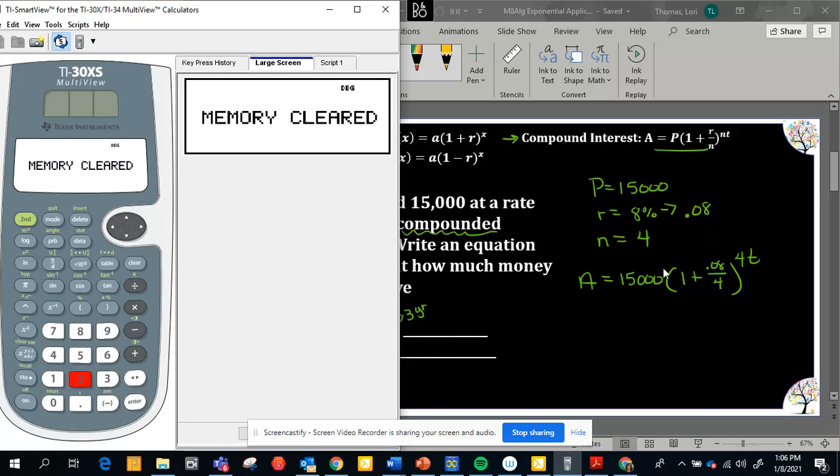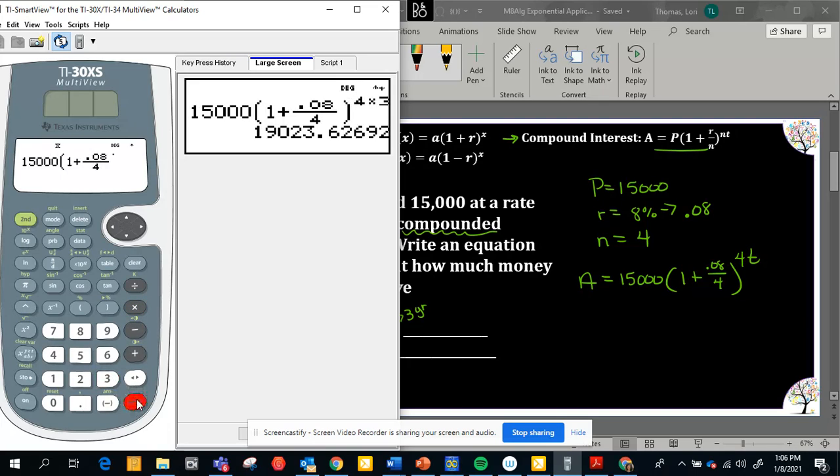Now let's start, and we're going to plug in 15,000 times, I'm going to use parentheses, and then 1 plus, and now I'm going to use the N over D button and put in 0.08, and then arrow down and plug in 4, and then arrow out, close parentheses, and then the caret button to raise it to an exponent, and it's going to be 4 times 3, or you could have put in 12, and then click enter.